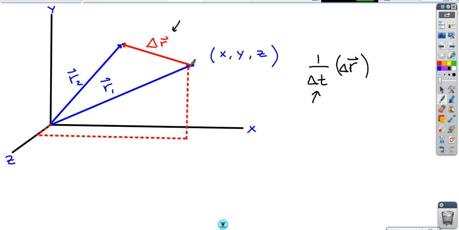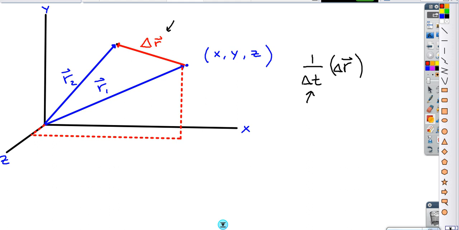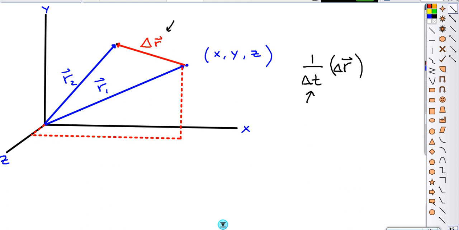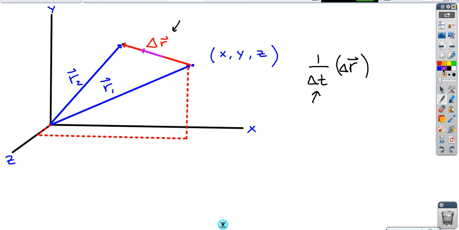But in general, the delta r vector and the average velocity vector are going to be in the same direction. So it'd be something like this, right? And that purple arrow represents v average.